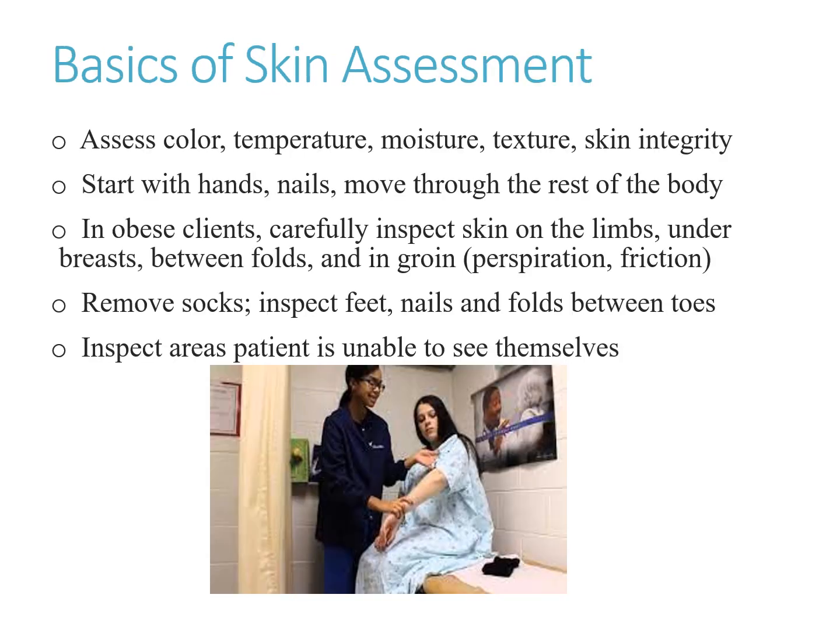So when you're looking at the skin, you're assessing for the skin's color, actual color, pink, beige, those colors, temperature, warm, cool, cold. Maybe the moisture is dry or is moist. The texture would be smooth or rough. The skin integrity, if it's intact, that means no wounds, no lesions.